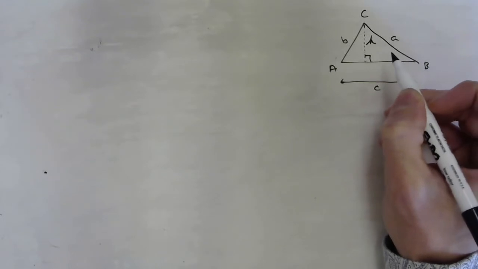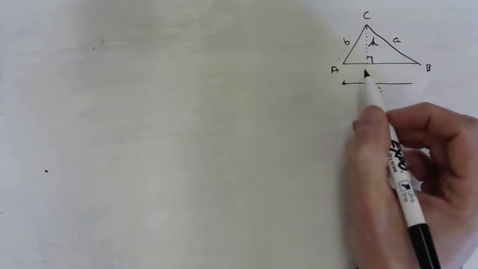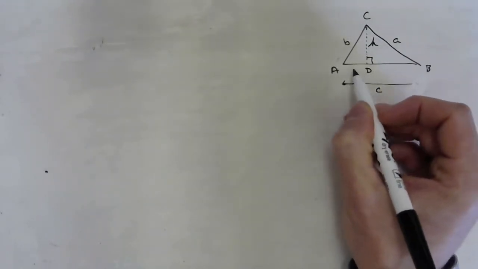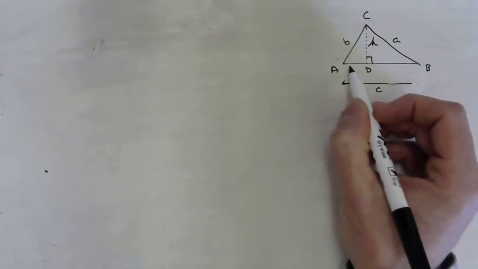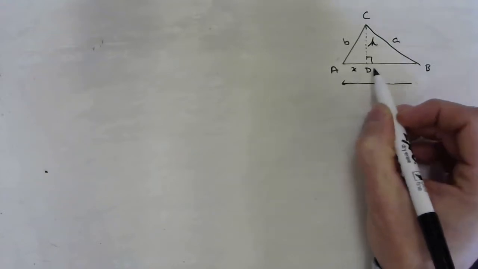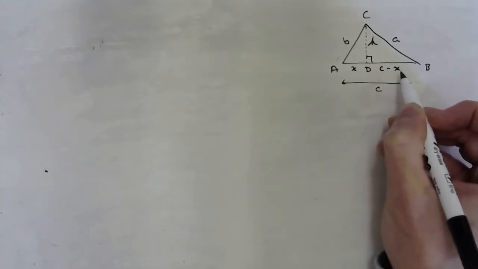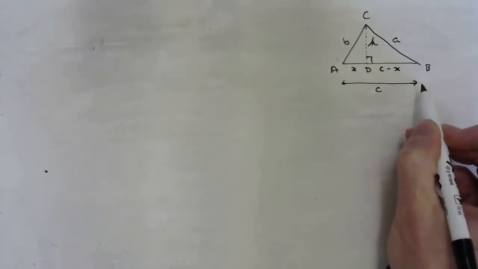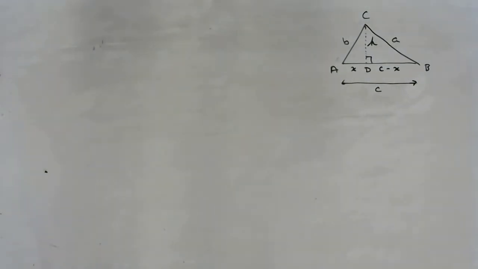We're going to call that H. And then we're going to name this side length, the base of triangle ADC, X, which is there for you, which means that DB is C minus X. C being the whole length of the base of the original triangle. So we've split triangle ABC into two smaller right angle triangles, and we've named all our sides.